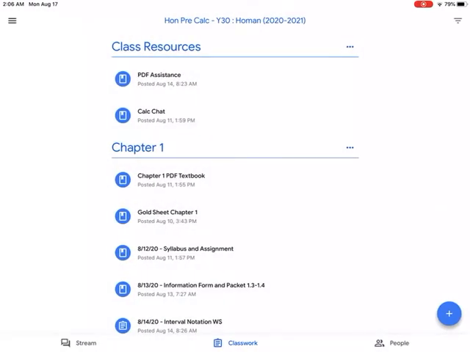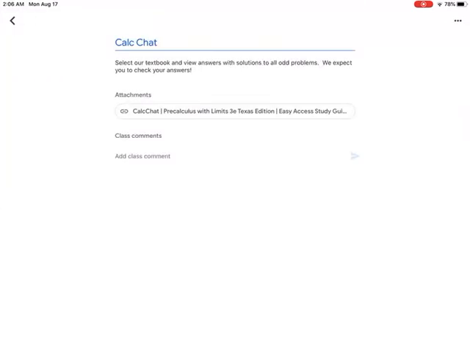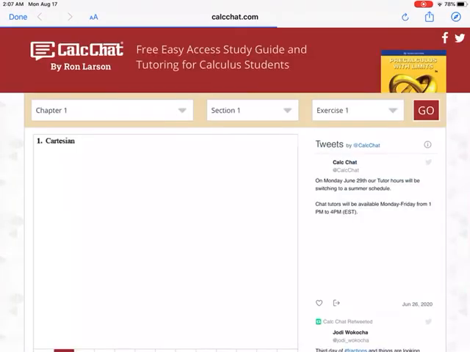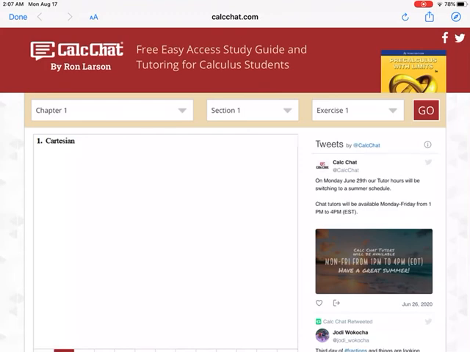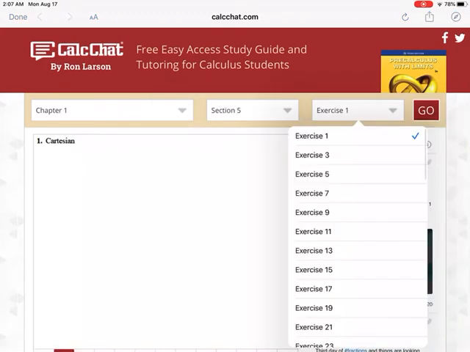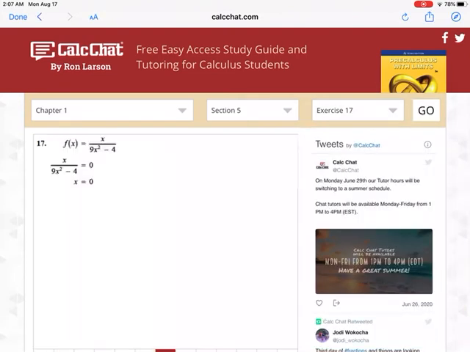Now, in order to check your answers, I have right here what's called Calc Chat. If I press this, it's a website, and it has answers and their solutions. So Chapter 1, we are in Section 5, and I don't know what I assigned you, but let's say it's number 17.